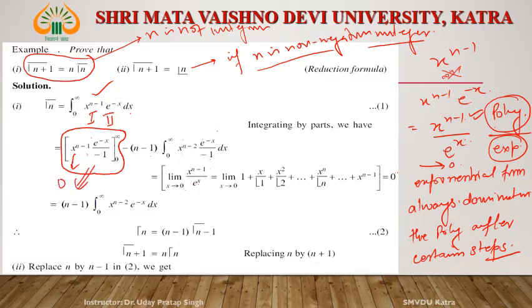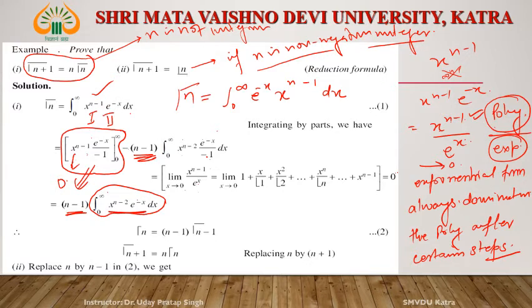So this term is 0 minus n minus 1 times, and the minus becomes plus, the integral from 0 to infinity of x to the power n minus 1 e to the power minus x dx. Then what is this term? The integral from 0 to infinity of e to the power minus x times x to the power n minus 1 dx is gamma n by definition.